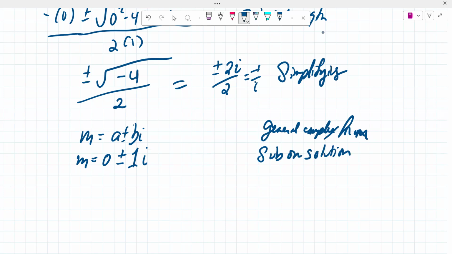This is our solution from up here. Let's just write this more clearly: plus or minus i, that's much better. Okay. So now we can get out the information that a equals 0 and b equals 1, by inspection.